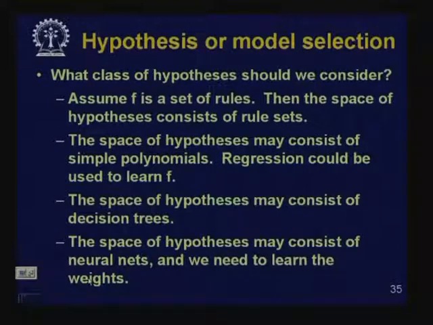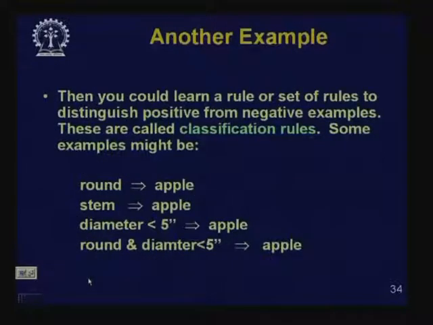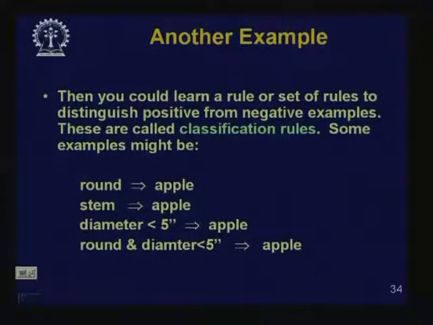Now, you see in this case we are looking at rules expressed in a particular type of language. These rules are given in terms of the features, but these features are expressed in some language. For example, round and diameter is less than 5 inch.